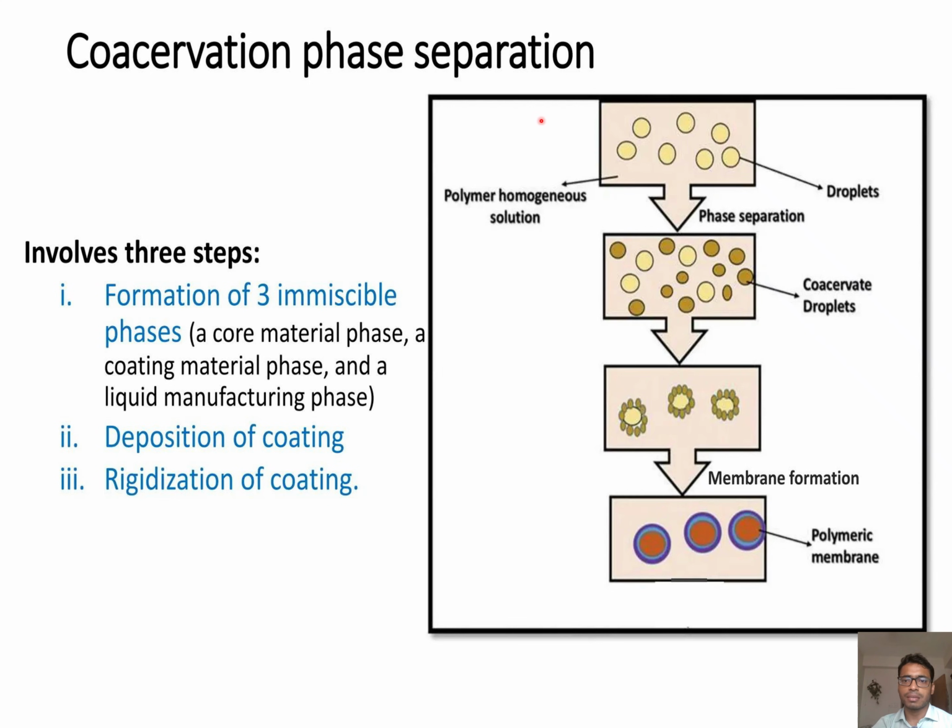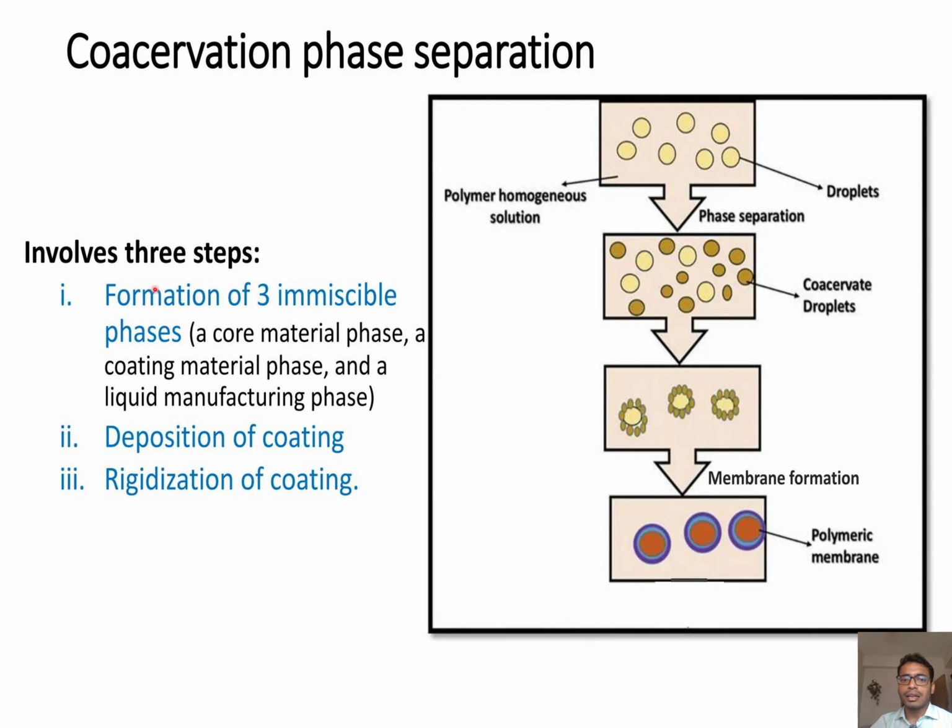Then coacervation phase separation. It involves three steps: formation of three immiscible phases, deposition of coating, and rigidization of coating. So a polymer homogeneous solution, then phase separation takes place. The coacervate droplet is here, and after some time they would coat it with the droplets, and the ultimate result would be a polymeric membrane.